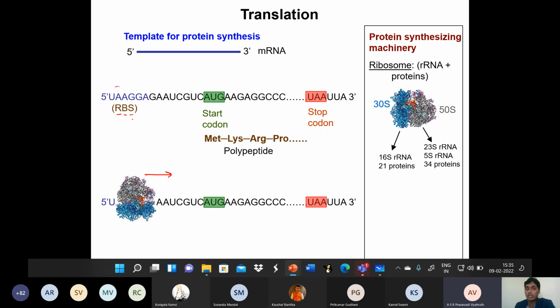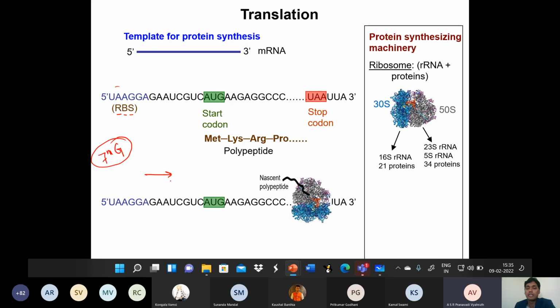But in the eukaryotic system, instead of the RBS, or ribosome binding site, it is the 7-methylguanosine cap, which I discussed at the beginning of this class. That is recognized by the eukaryotic ribosome, and then it can start translation.